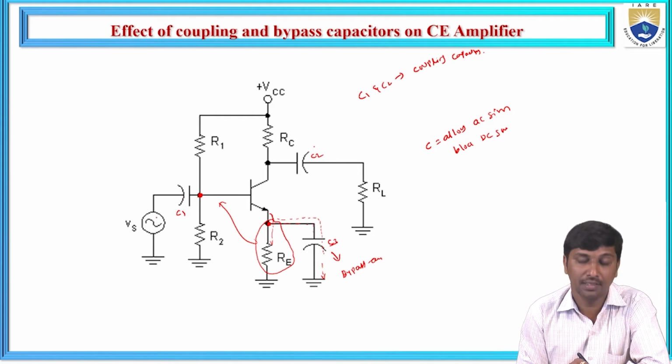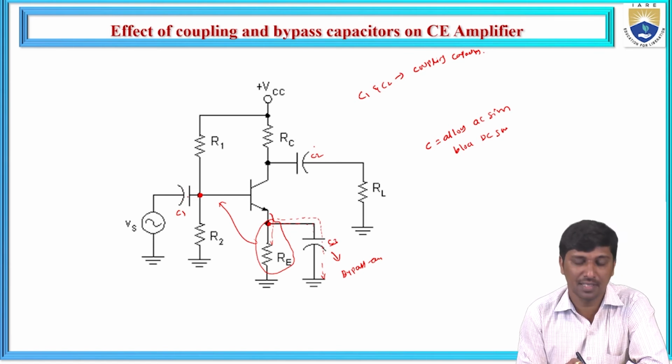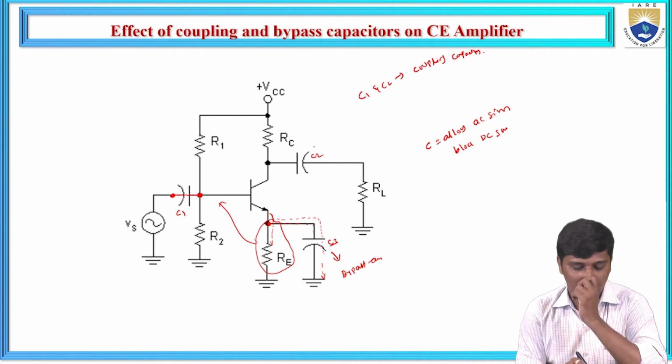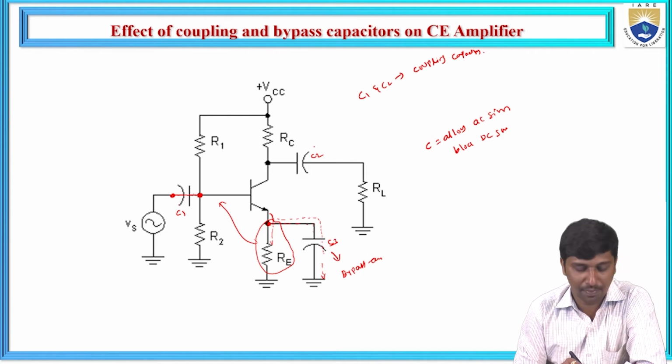Whenever the AC signal passes through, the capacitor acts as a short, meaning it allows the signal frequencies. So this capacitor acts as the interconnection between the AC source and the DC biasing node, hence it is called a coupling capacitor. By using C1, we are superimposing this AC signal on a DC source.